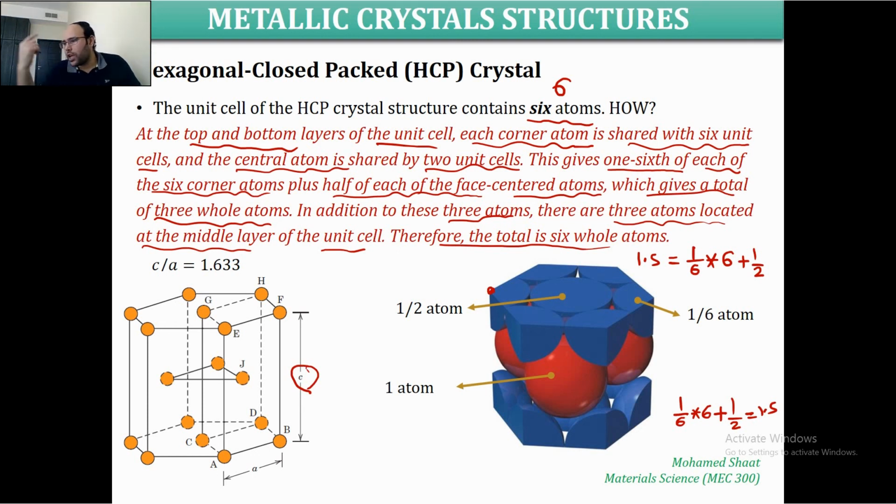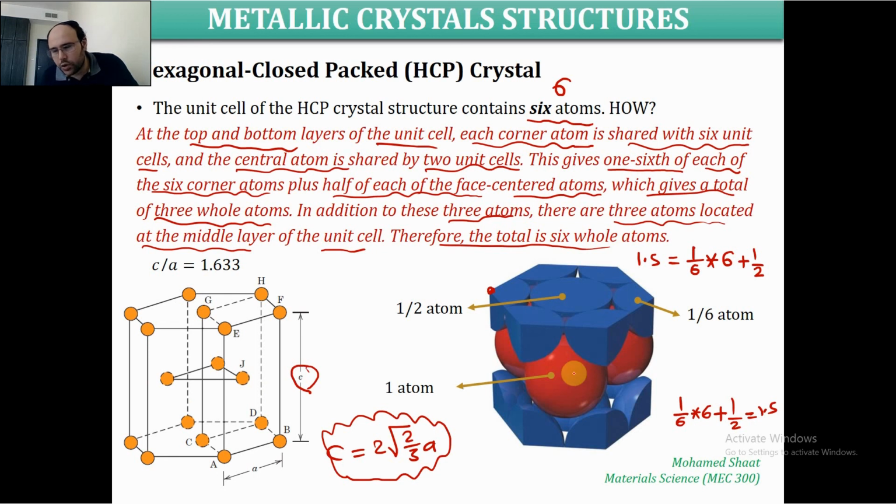Both are A. So A was the only geometrical parameter, but here we have C and A. The relation between C and A is that C over A equals 1.633, which exactly means that C equals 2 square root of 2 over 3 times A. This is the exact relation, how C is related to A, the side edge, based on the geometry that depends on the radius of the atoms.